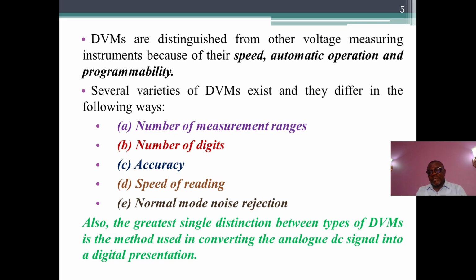Also, the greatest single distinction between types of these DVMs is the method used in converting the analog DC signal into a digital presentation. Remember, most of the real world things you will be measuring will be in analog form.